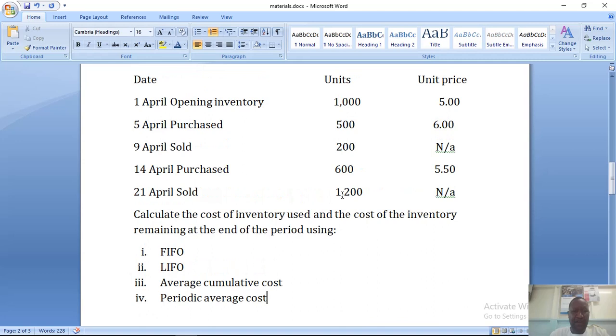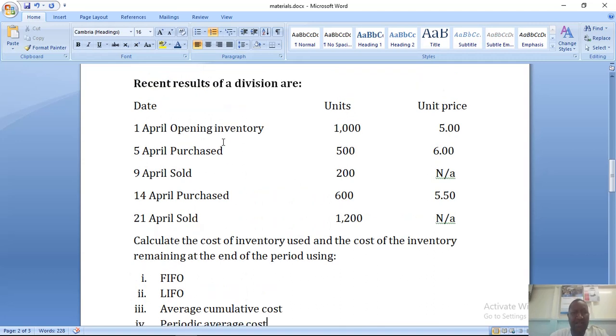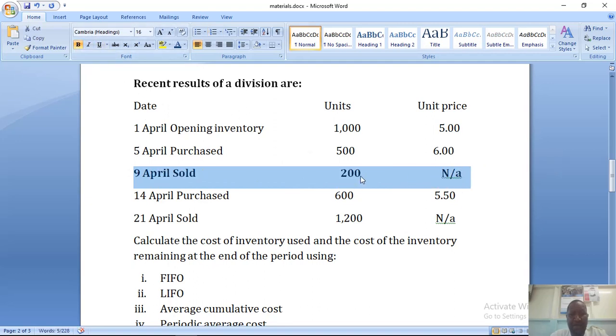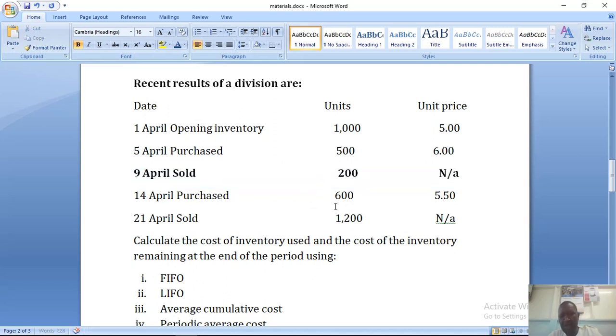let's go back to the table. What we are noticing from the data that is provided is that we've got an issue that is happening on the 9th of April. That's 200 units issued.